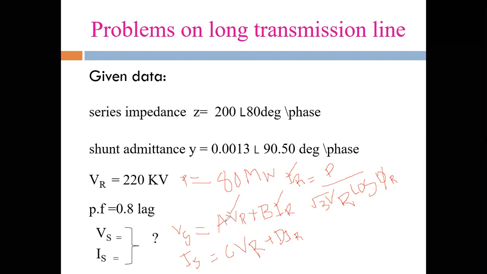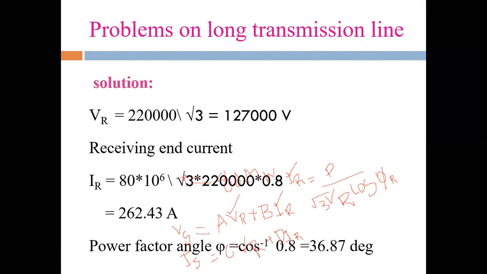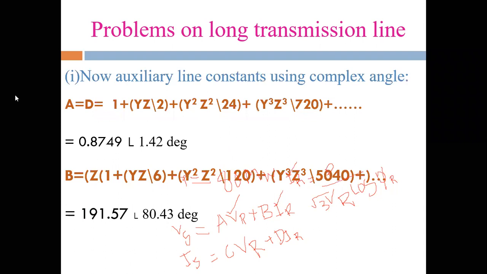First, suppose we use the complex angle method, that is A is equal to D is equal to 1 plus YZ by 2 plus Y square Z square by 24 plus Y cube Z cube by 720 plus and so on.